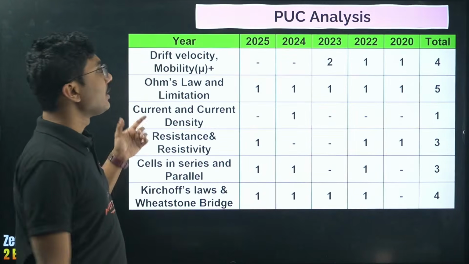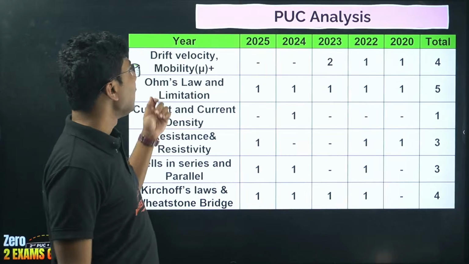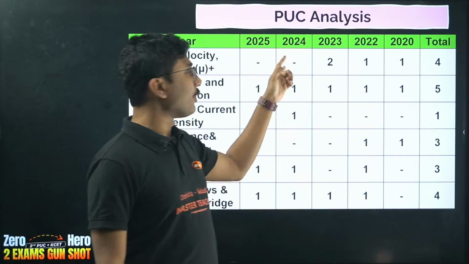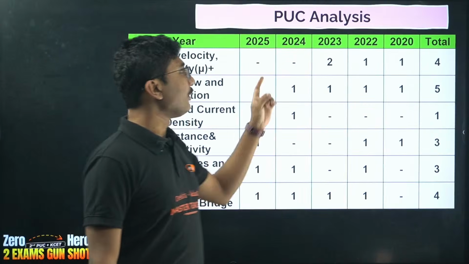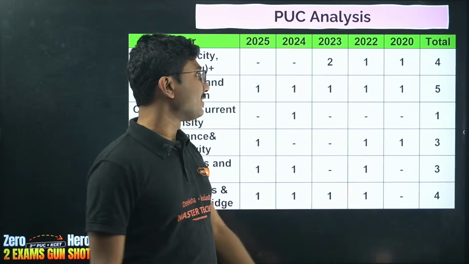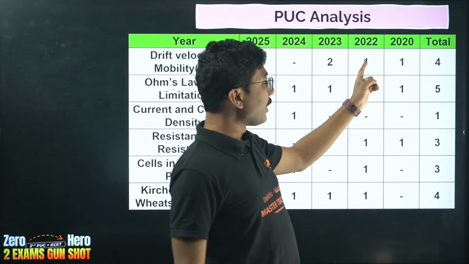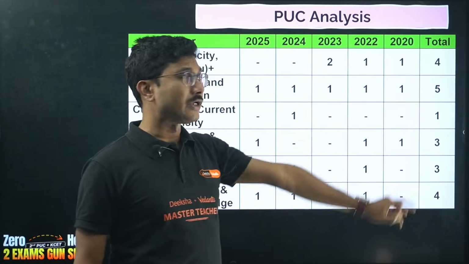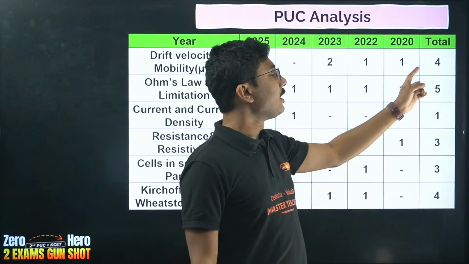In this PUC analysis, for drift velocity and mobility, in 24-25 there was no question. In 23 we have 2 questions coming from this chapter. In 2022 again 1 question. In 2020, 1 question. There was no exam in 2021 due to COVID.